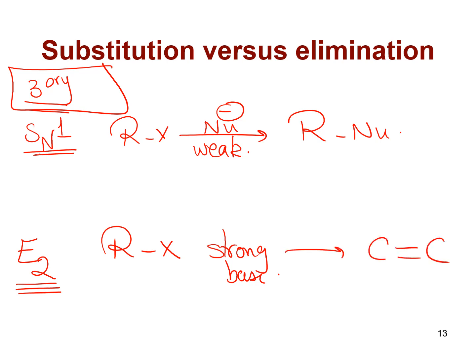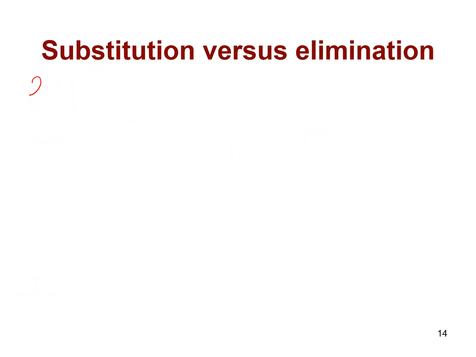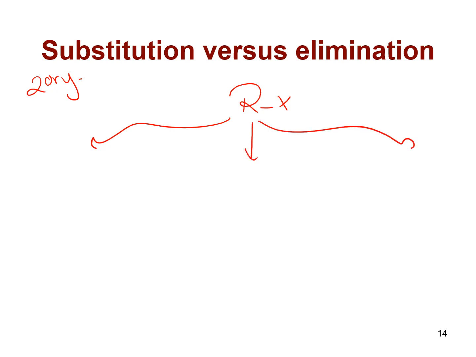Okay, let's go now to the secondary alkyl halides. If you have a secondary alkyl halide, it can actually go through all three mechanisms. It can perform the SN1, it can perform the SN2, and it can perform the E2. When will it perform each one?